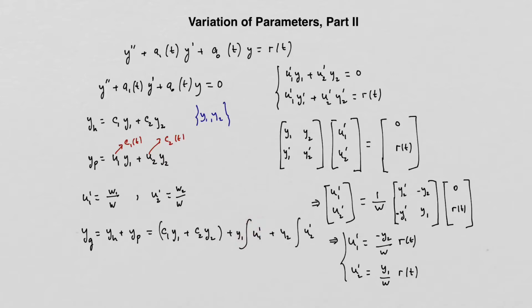You found u1 prime, and integrate it here, you get u1. We don't need to add a constant, and I'll explain, plus y2 times u2, but u2 is the integral of u2 prime.